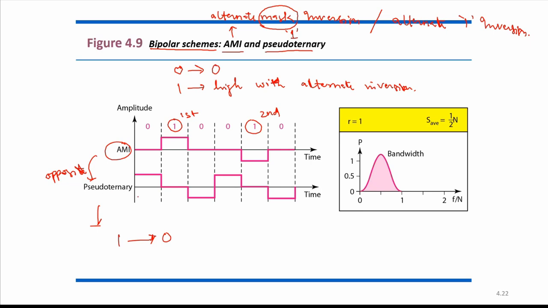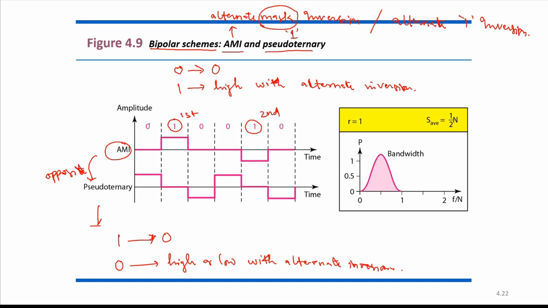Here in the pseudo ternary, 1 will be represented by 0, so whenever there is 1, it will be represented by 0. And 0 will be represented by high or low, with alternate inversion. So whenever there is 0, the first is represented by high. Then 1 will be represented by 0.